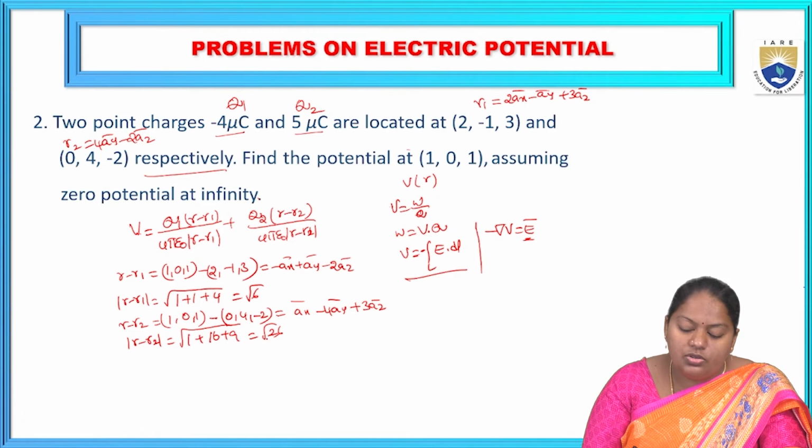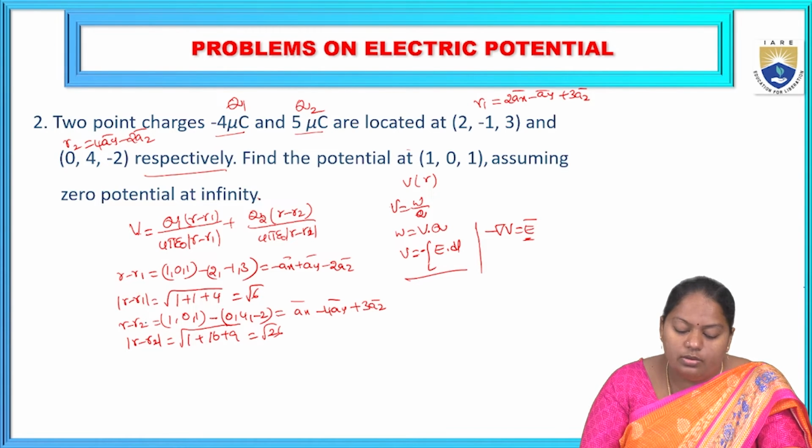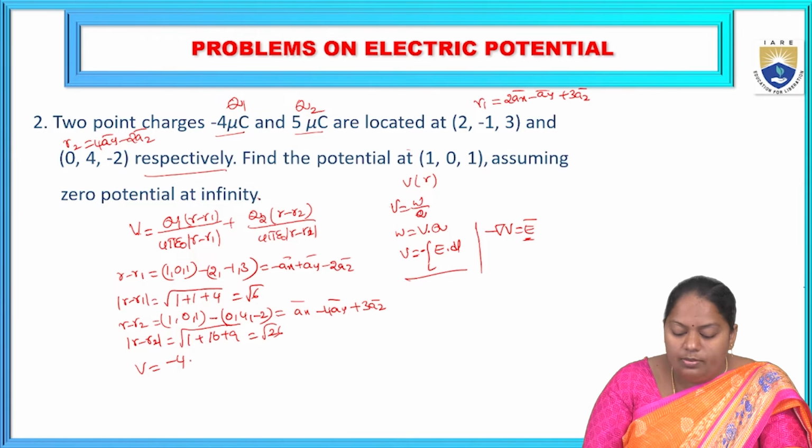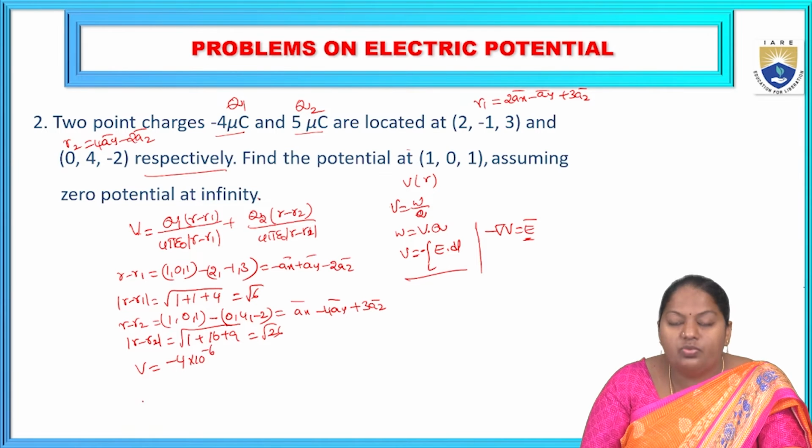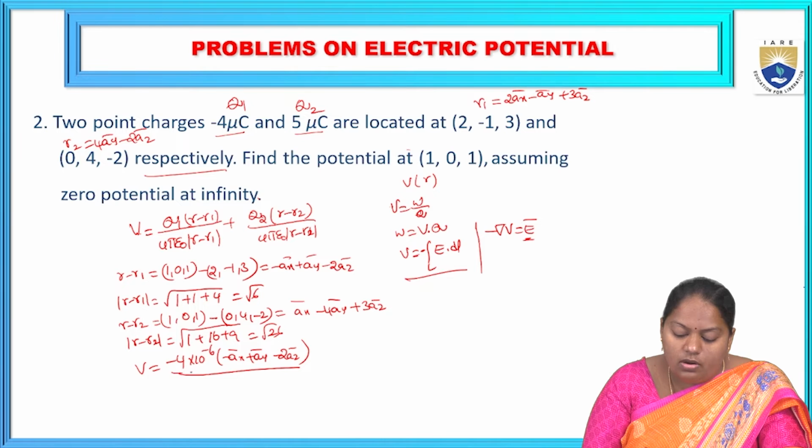Now substitute R1, R2 and the magnitudes of both into this equation. Then V equals, the given value is minus 4 micro, so we write minus 4 into 10 power minus 6 into (R minus R1), means minus AX plus AY minus 2AZ, by 4 pi epsilon naught.